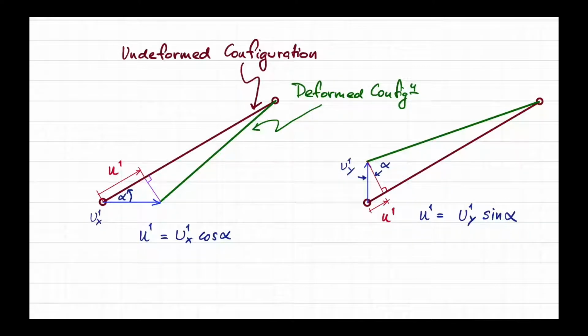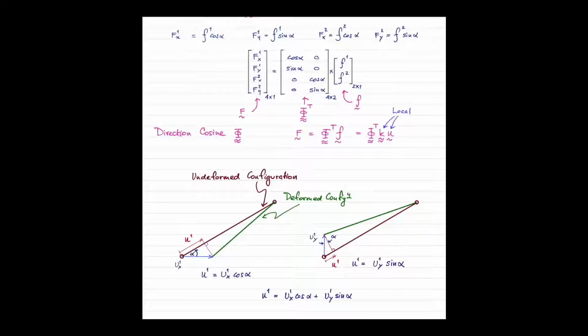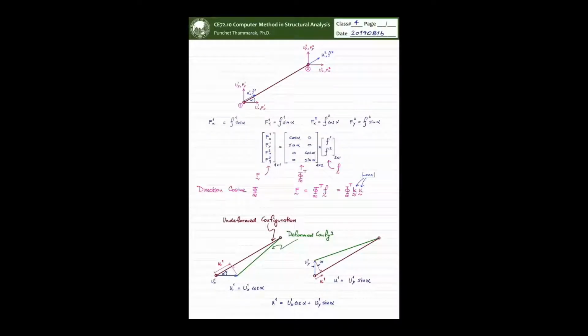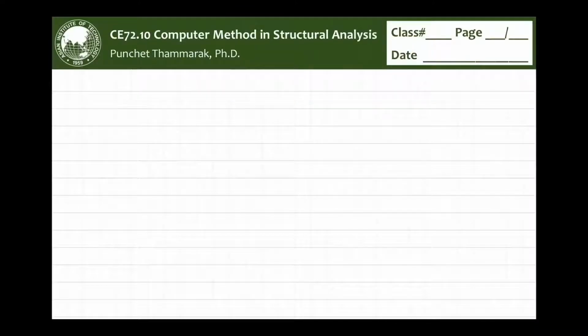Thus we can sum these effects. If you have both u1x and u1y, you will have u1x cosine alpha plus u1y sine alpha. There you go, we get this relationship. This is the relationship we have from the first node. So we will look at the second node next.